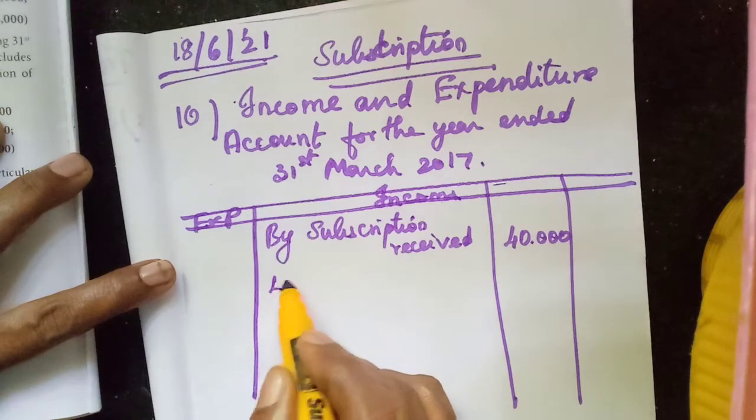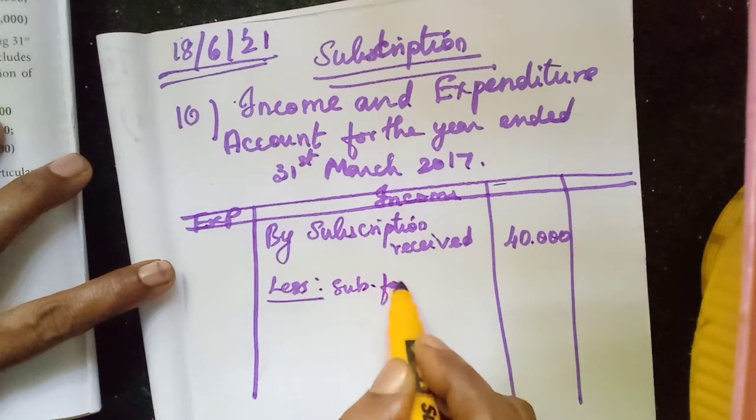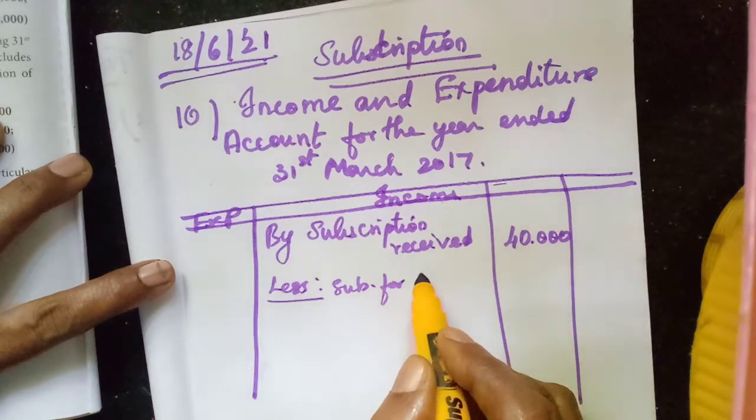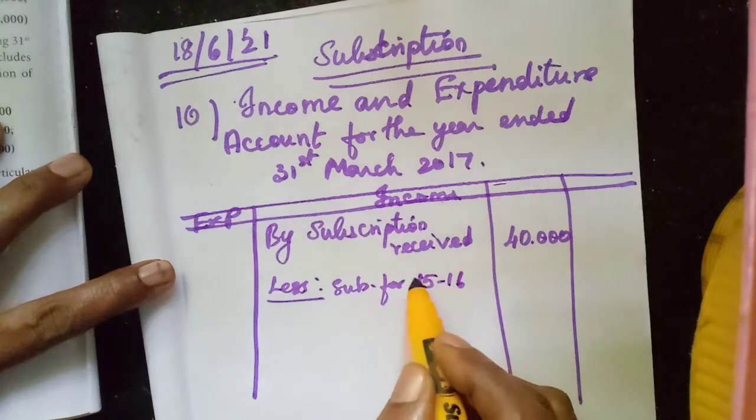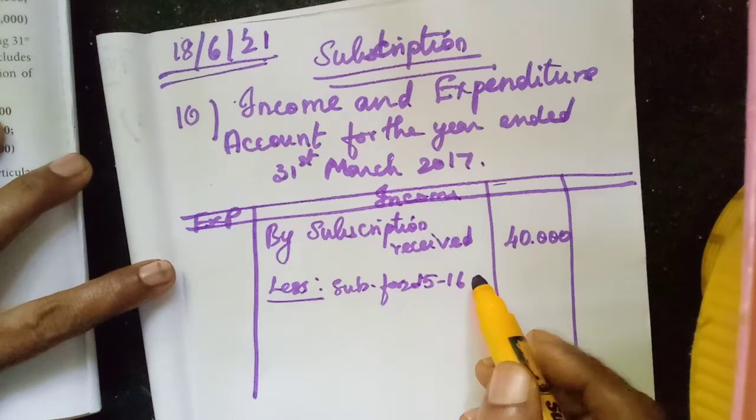So, less subscription for 2015-16, 5,000.